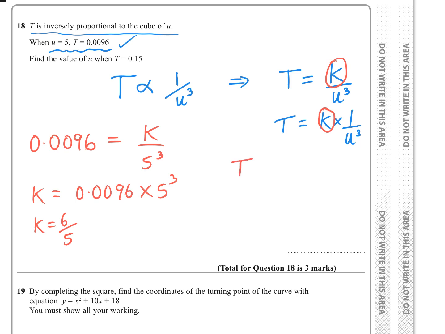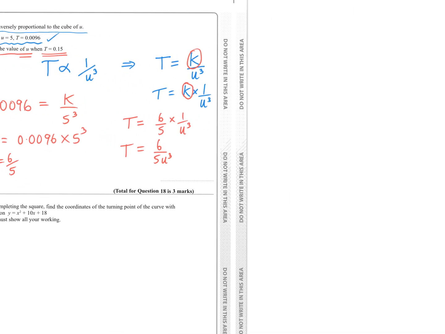So we know that this curve is actually 6/5 of 1 over u cubed, or 6 over 5u cubed, exactly the same. And I could sketch that. I don't think I'm going to put that on right now because I don't think it'll be too relevant to you, but all we now need to do is find the value of u when t is 0.15. Well, in this case, let's create a little bit more space.